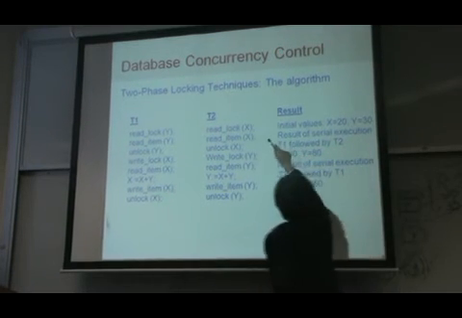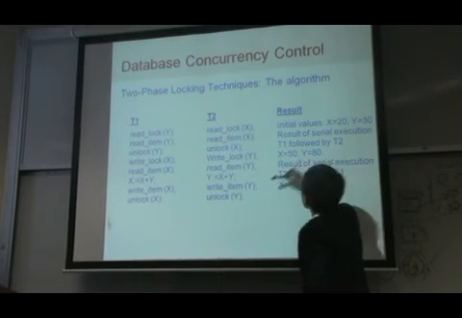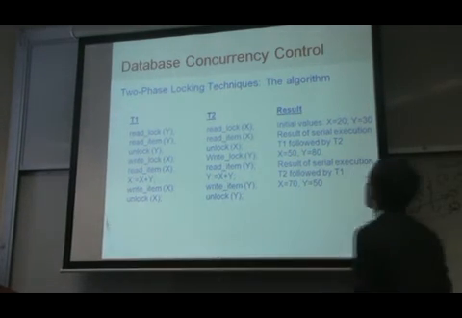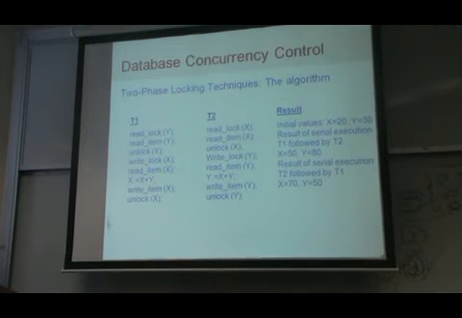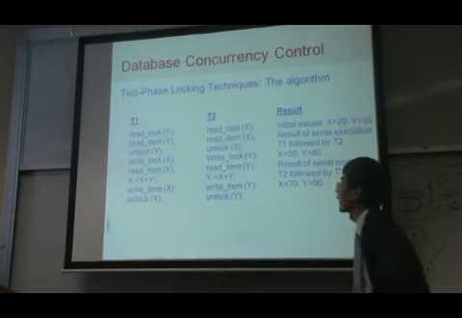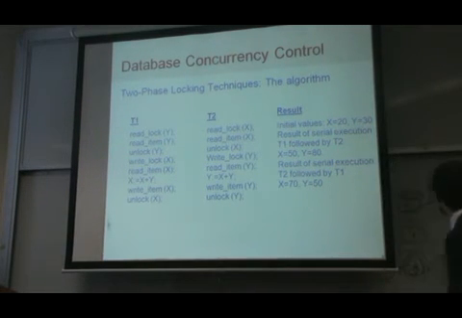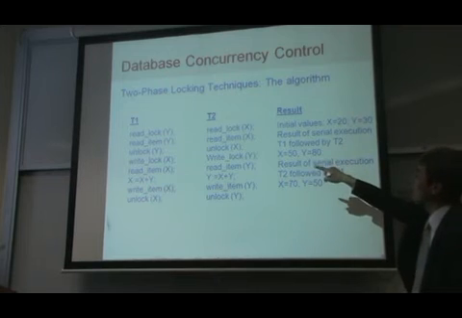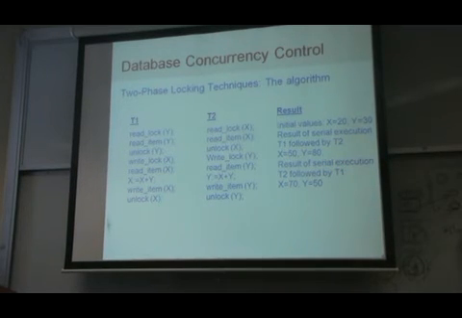So in this case, first T1 is done, then T2 is next. Y is 30. T1 reads the data, and X plus Y, 20 plus 30, is 50, so X will be 50, right?